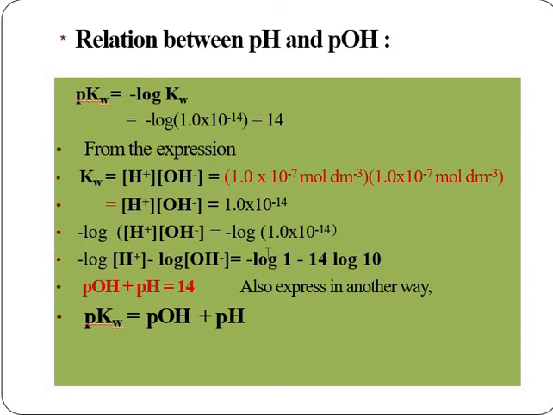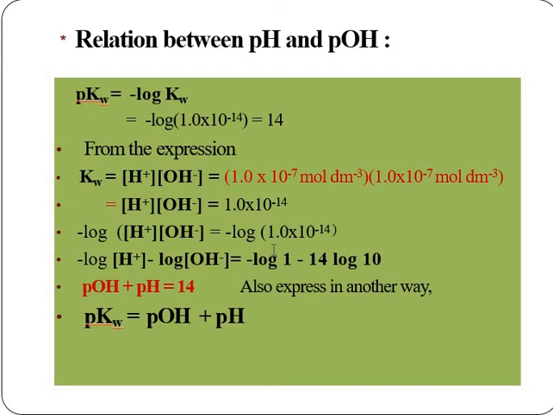But we know the rules of logarithm and multiplication: log A into B gives log A plus log B. By using this formula, we can solve the equation like this: minus log H plus, minus log OH minus, is equal to minus log 1 minus 14 log 10.